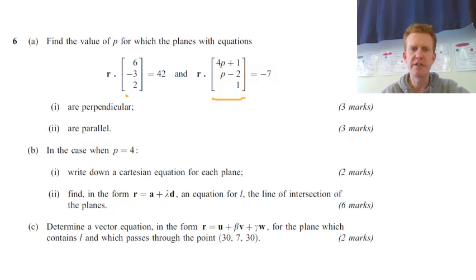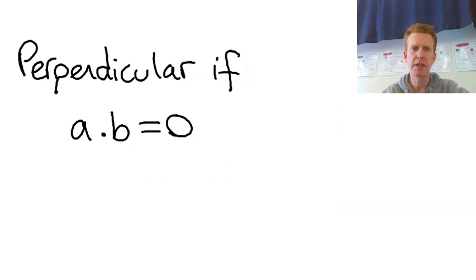Well, these two vectors, (6, -3, 2) and (4p+1, p-2, 1), are actually perpendicular to the planes. But it's okay to use the perpendiculars because they behave in the same way as the planes with regard to these two questions. The planes are perpendicular if the dot product of those two perpendicular vectors is 0.